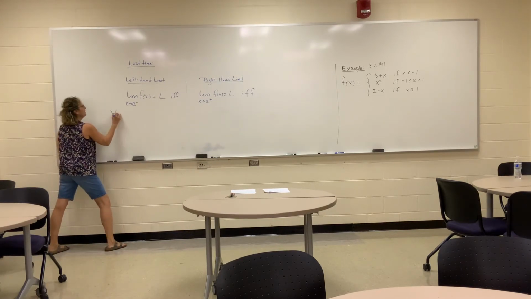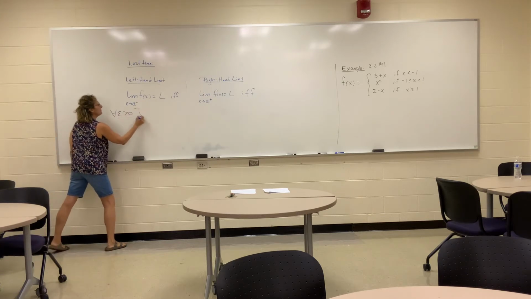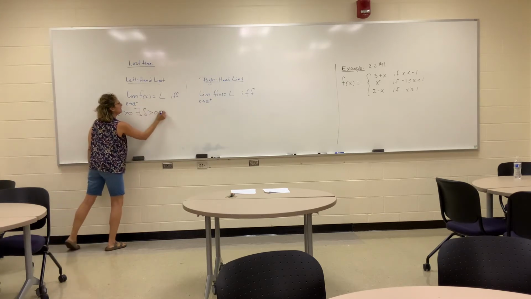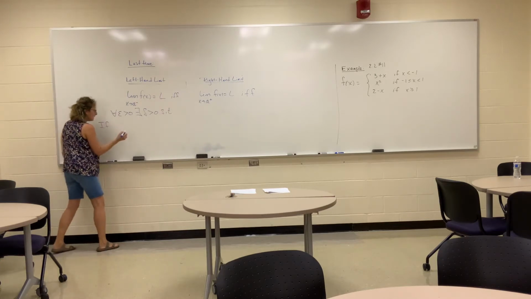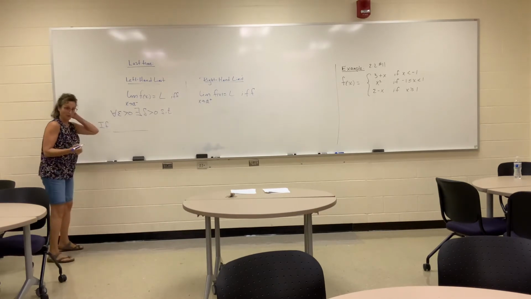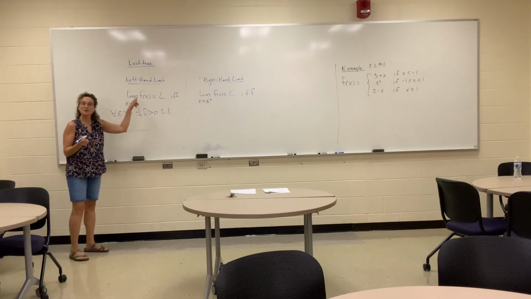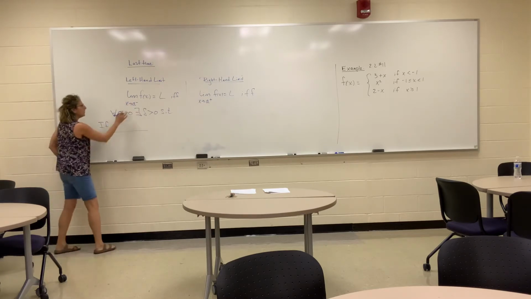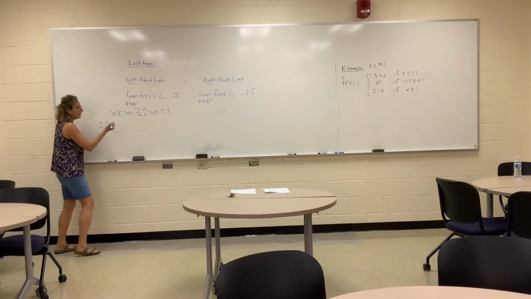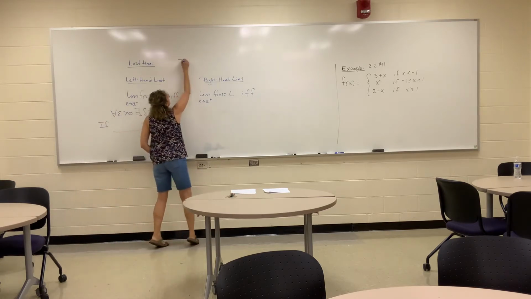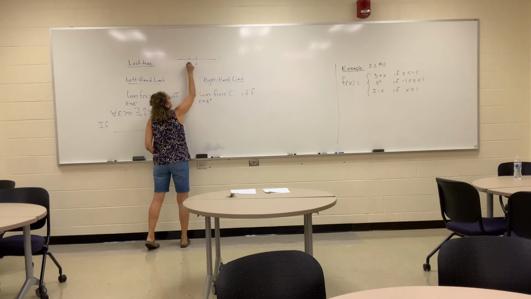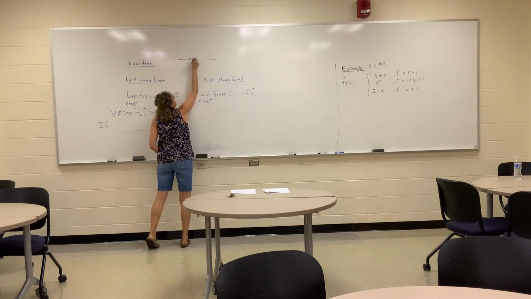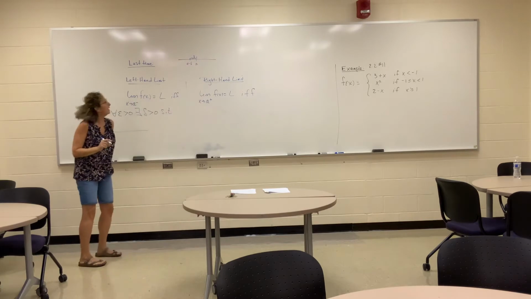For every epsilon greater than 0, there exists a delta greater than 0, such that if, and here's where the difference is with our general limit as x goes to a definition, we only care about x being less than a. If this is a, we want x to be some number of units delta to the left of a.